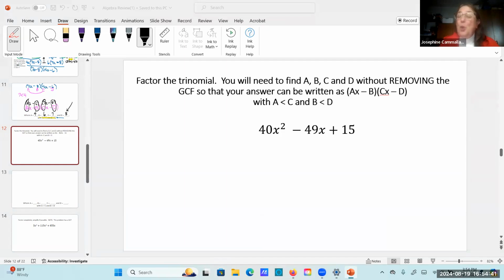Tell me what A, B, C, and D are in this problem.